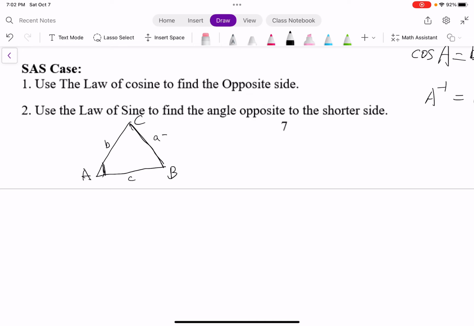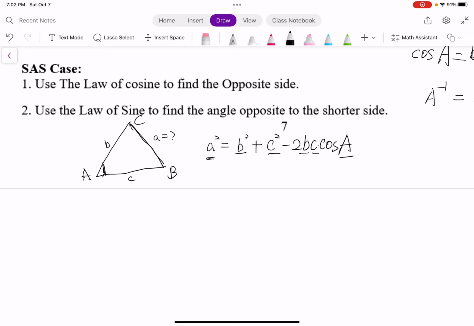So a is not given. a squared equals b squared plus c squared minus 2bc times cosine A. So b, c, and A are all given. I can find the length of a and then take the square root of both sides.